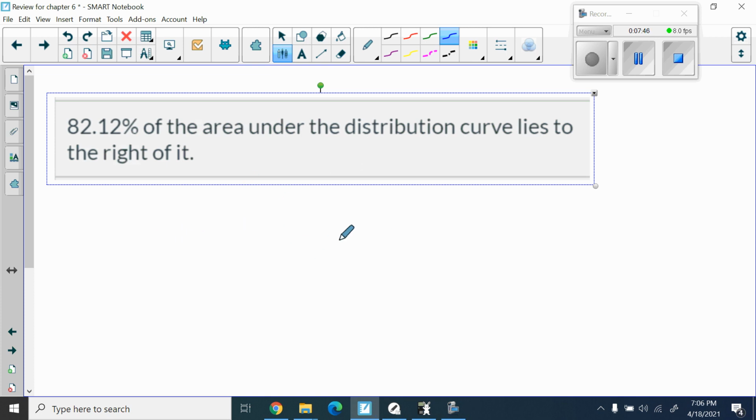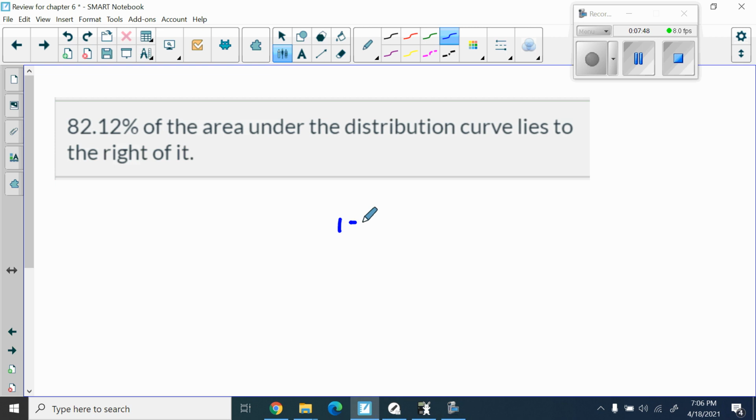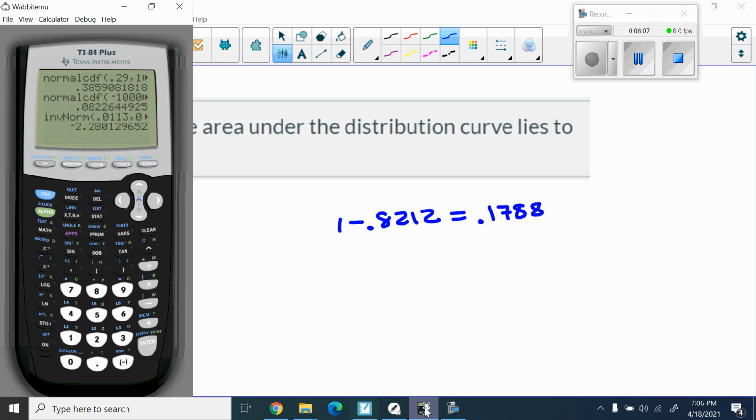So again, I'm going to do 1 minus 0.8212. So I have 1 minus 0.8212, and I get 0.1788. So that's what I'm going to enter in the calculator when I do inverse norm.